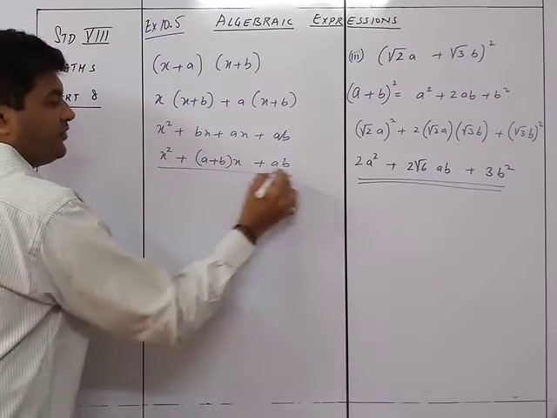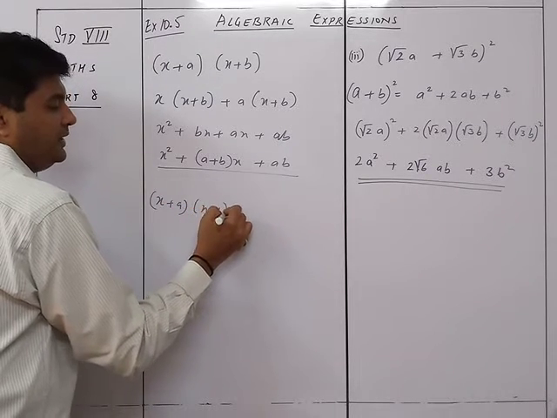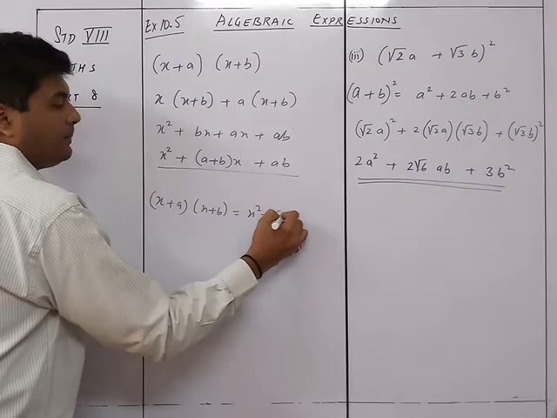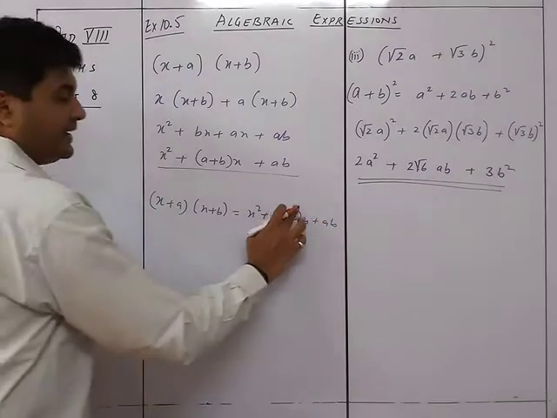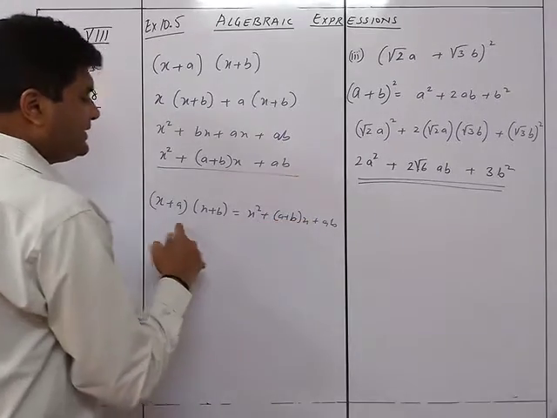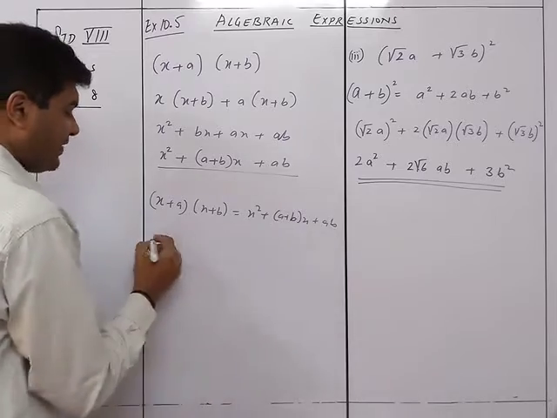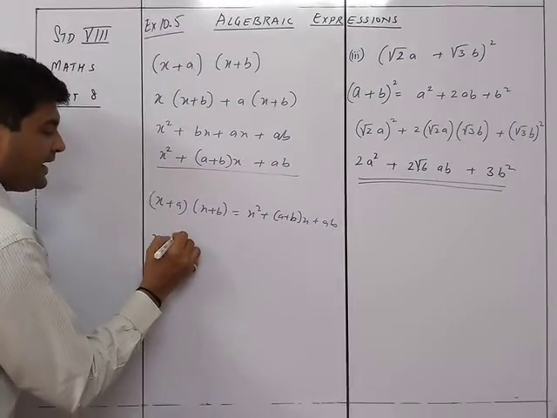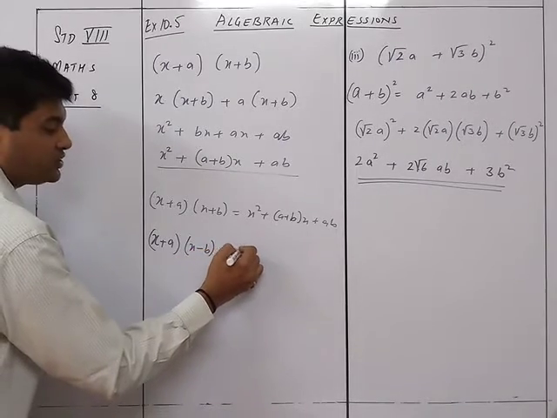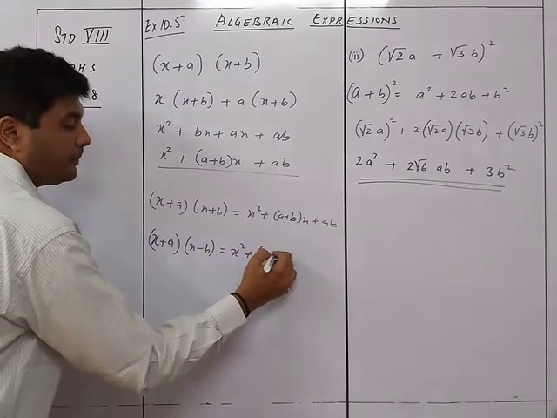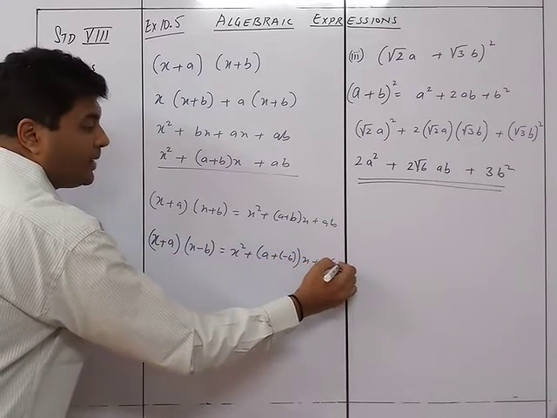So this is the formula that (x plus a) into (x plus b) is equal to x square plus (a plus b)x plus ab. Now in this case, if there is any negative sign over here, we will take the negative sign of these numbers also. For example, if it is (x plus a) into (x minus b), then I'll say x square plus (a plus minus b) x plus a into minus b.